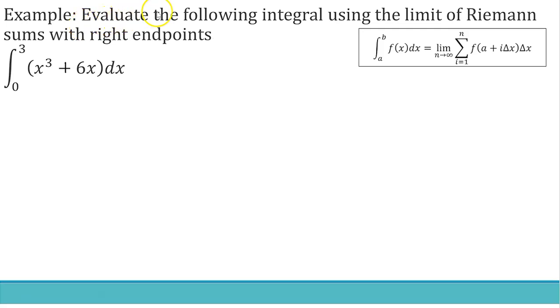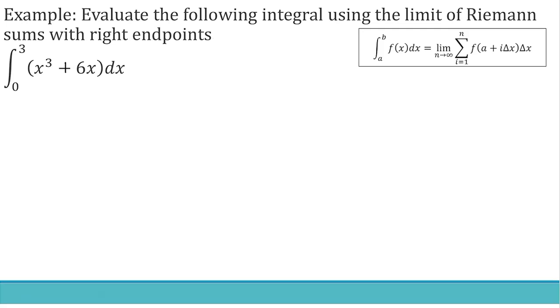In this example, we want to evaluate the following integral using the limit of Riemann sums with right endpoints. So here we're interested in what's the exact area under the curve x cubed plus 6x evaluated from 0 to 3. That's what we want to find. And to do that, we're going to do the limit of a Riemann sum specifically with right endpoints. Now, in the definition we just saw, it technically doesn't matter what Riemann sum we use, because the rectangles are getting really, really thin, so the limit is going to give us the exact area.